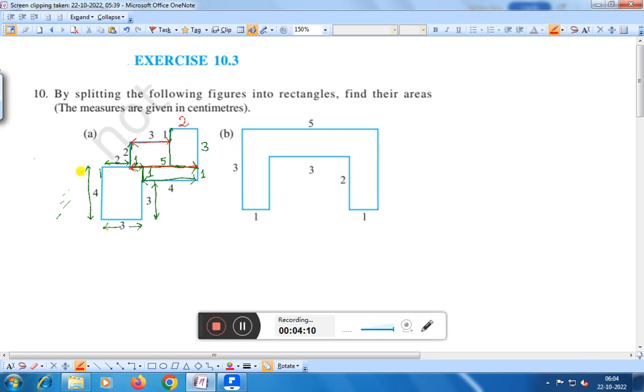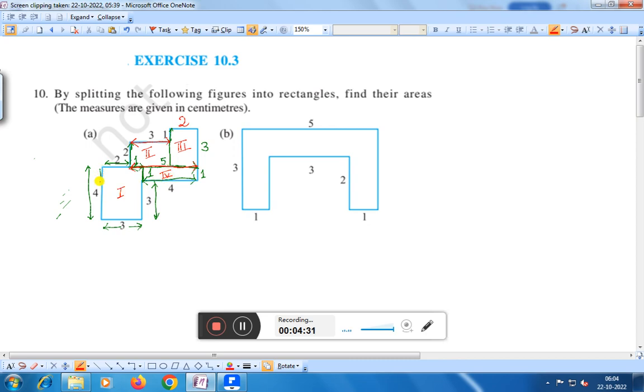Right? Once again you see, that means we are getting 4 rectangles: 1, 2, 3, and this one is 4.